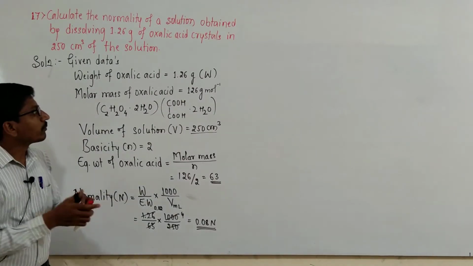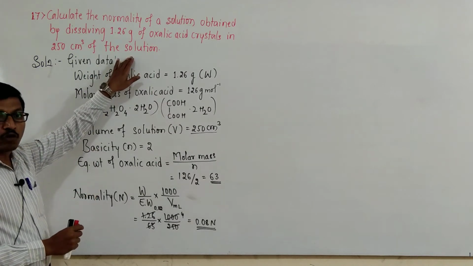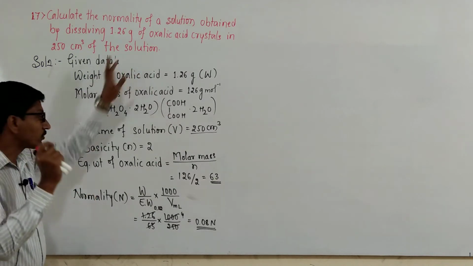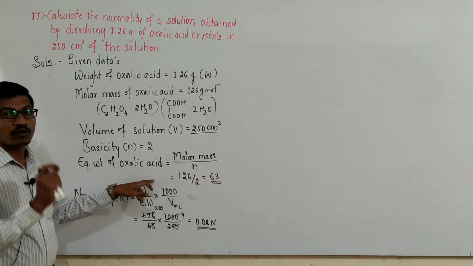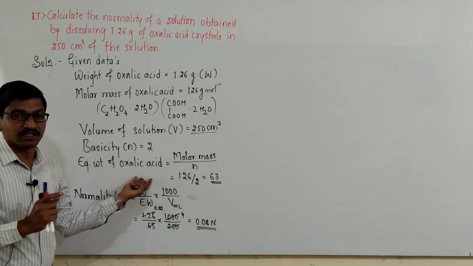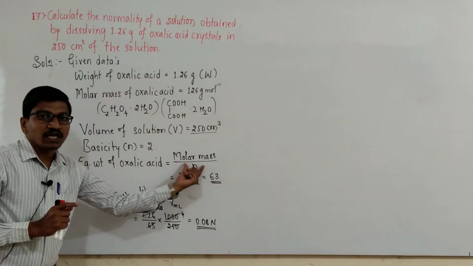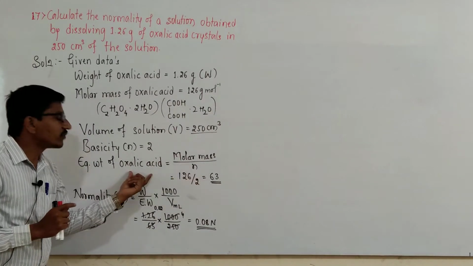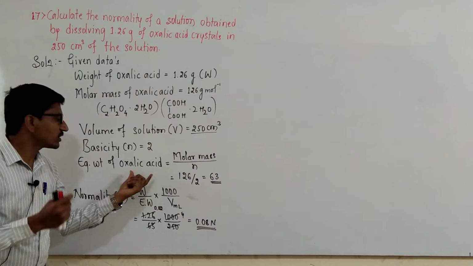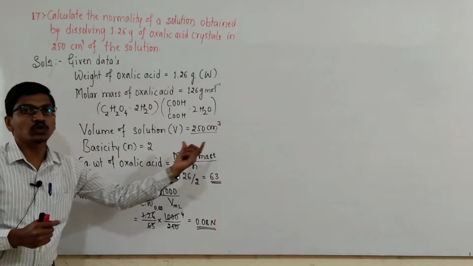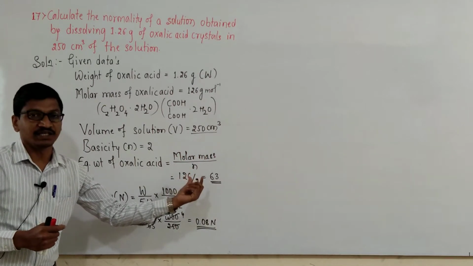Here, for the calculation of normality, first we have to calculate the equivalent weight of a substance. For an acid, molar mass divided by basicity is the equivalent weight. For a base, equivalent weight of base is equal to molar mass divided by acidity.